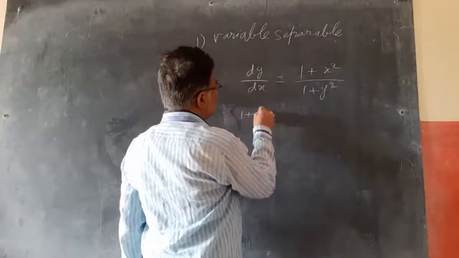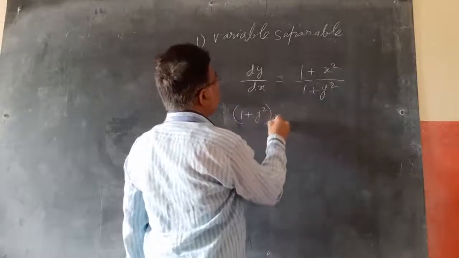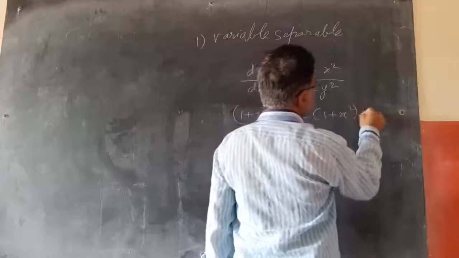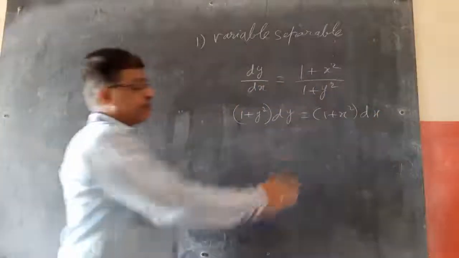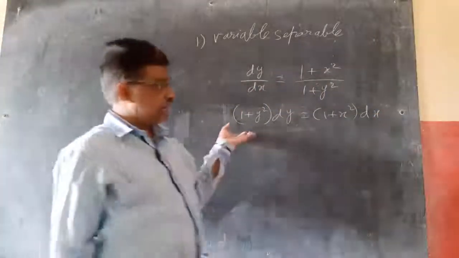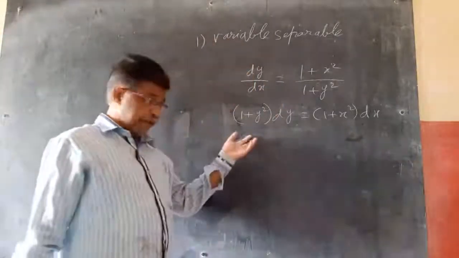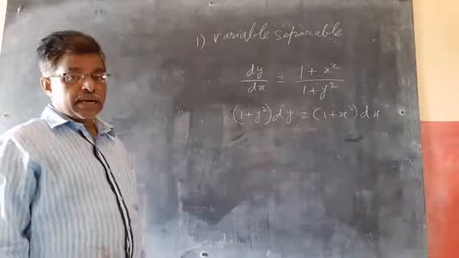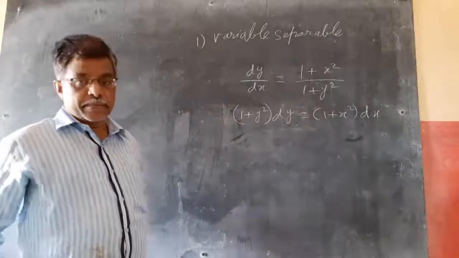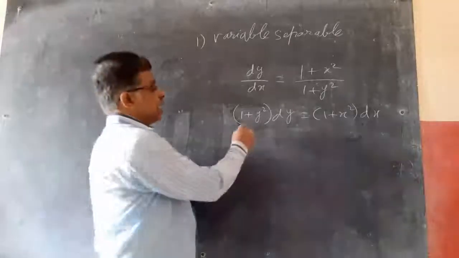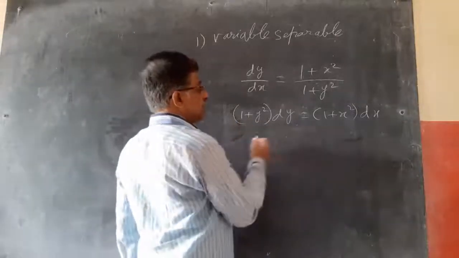That is, (1 plus y square) dy equal to (1 plus x square) dx. If you are able to separate like this, then it is of variable separable type. Variable separable type means integrating on both sides.